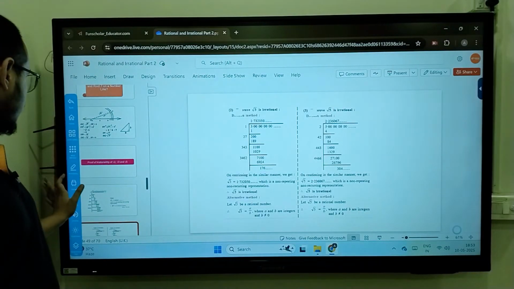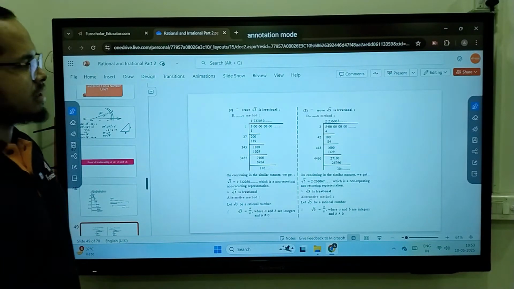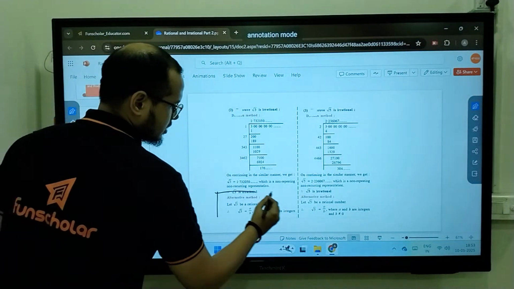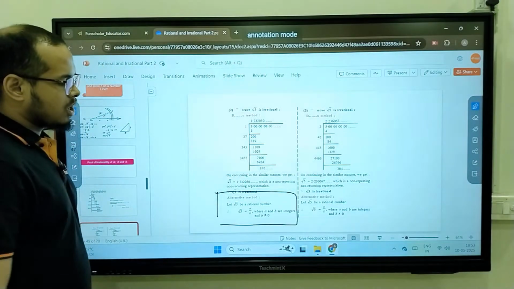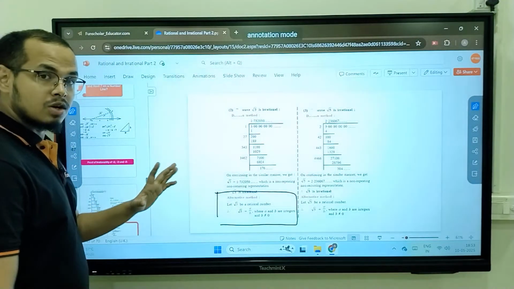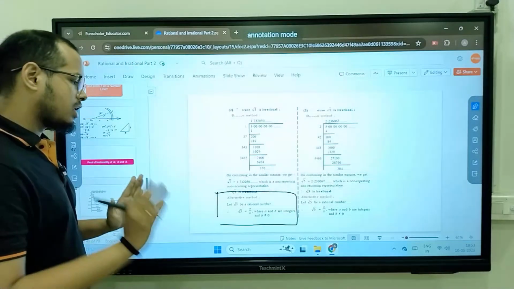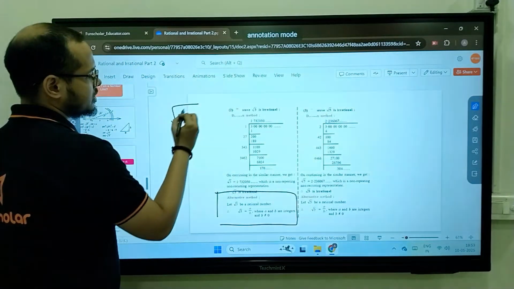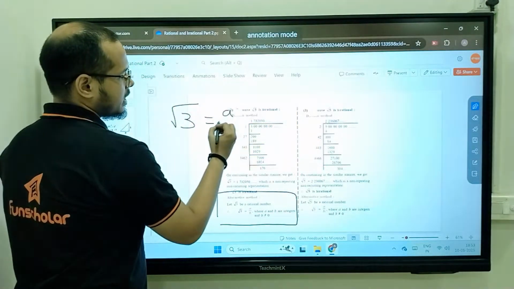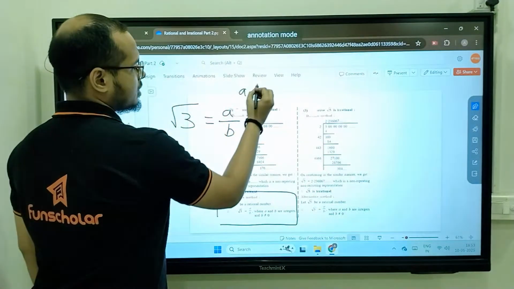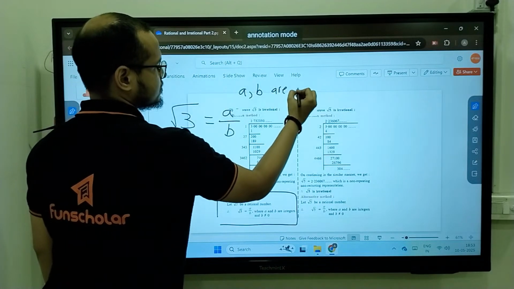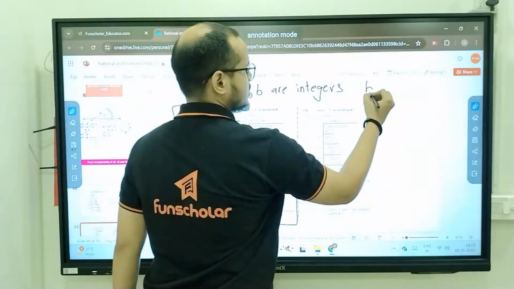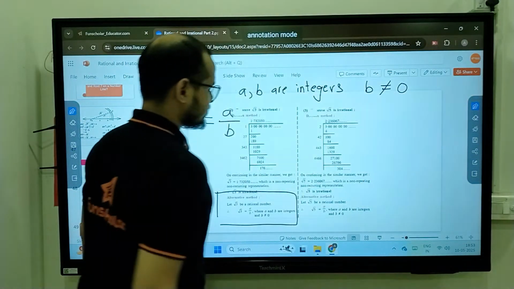Or there is an alternate method that is even more interesting. Let us go into that alternate method. What is given here? Let root 3 be a rational number. We are not saying it's a rational number right now. If root 3 is a rational number, it has to be written as a by b, where a and b are integers and b is not equal to 0.